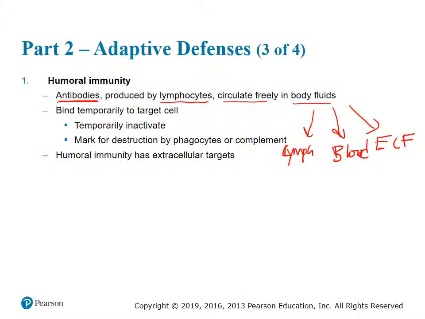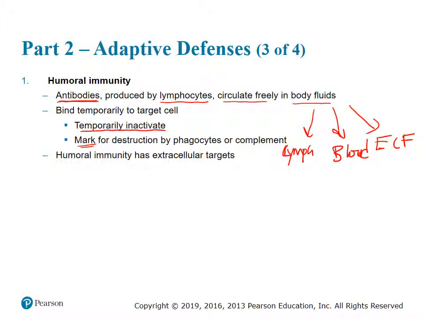So, how do they work in a short sense? They can bind to a target cell, they can inactivate the target cell, and they can also mark it for destruction. So again, they inactivate the cell. Sometimes we call this neutralization, and we'll see this in just a second towards the end of the PowerPoint.